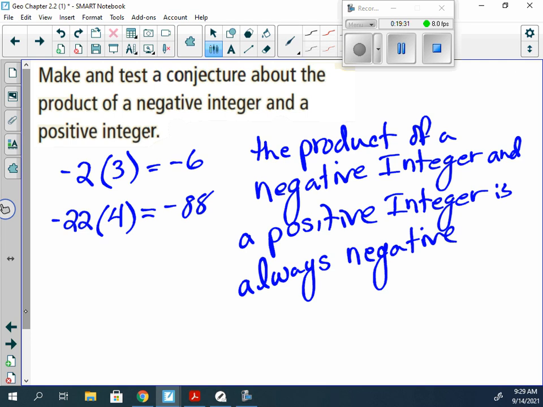Now we could say always a negative integer or always negative. Either one will work. Questions on this here? Pretty good with this here.